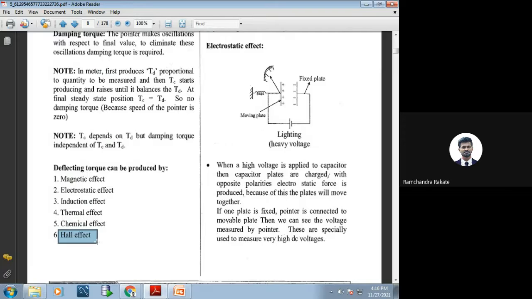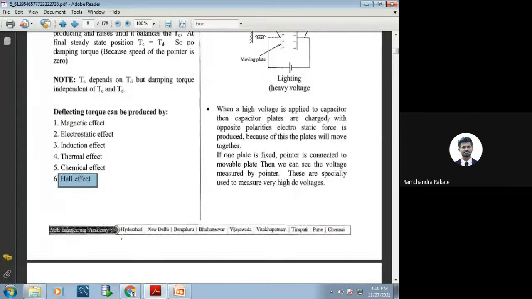How? Let us let you know. On the basis of the magnetic effect, we will have PMMC.